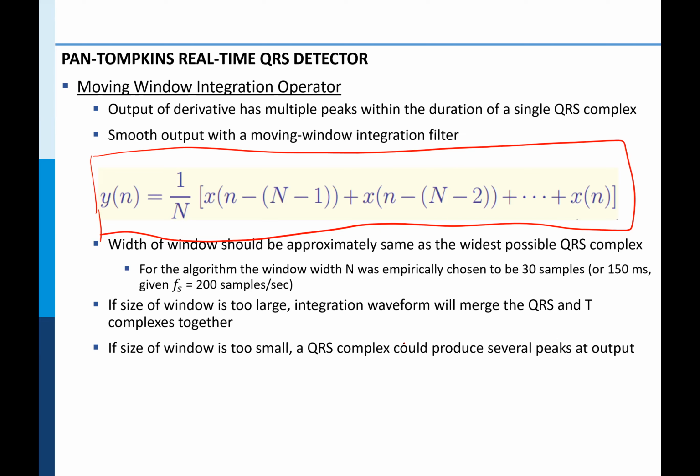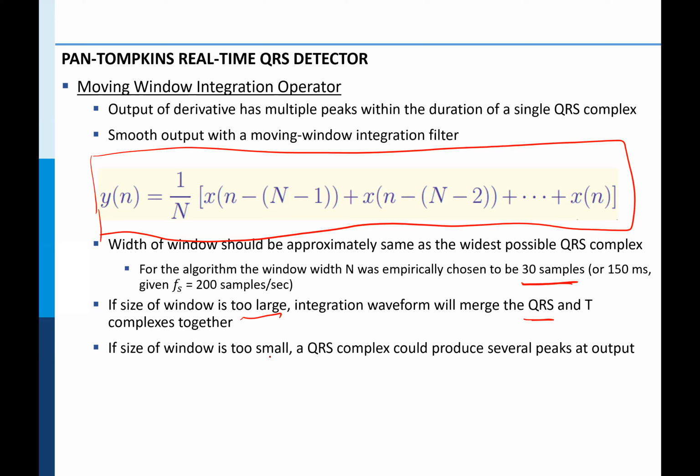Okay. So here, in this algorithm, the window width n is chosen to be 30 samples. That's the original design by the authors Pan and Tompkins, and it corresponds to a delay of 150 milliseconds. Essentially, they wanted to cover the QRS complex when doing the moving average. If you select this window length to be large, then there is a possibility that you might be crossing into the territory of other waves if there are some residual components present, like the T wave.